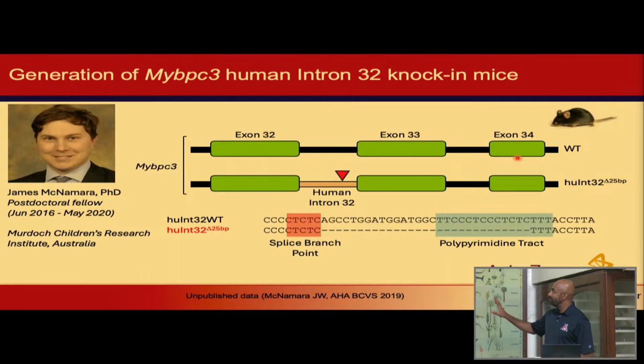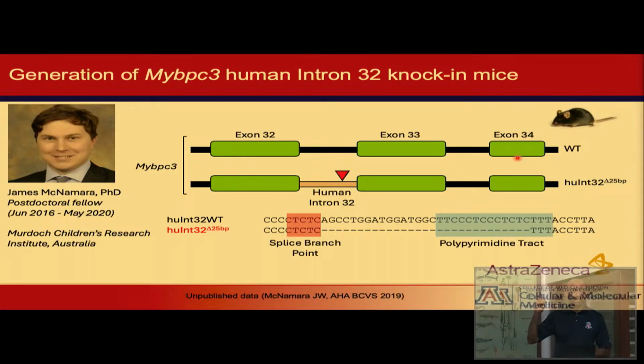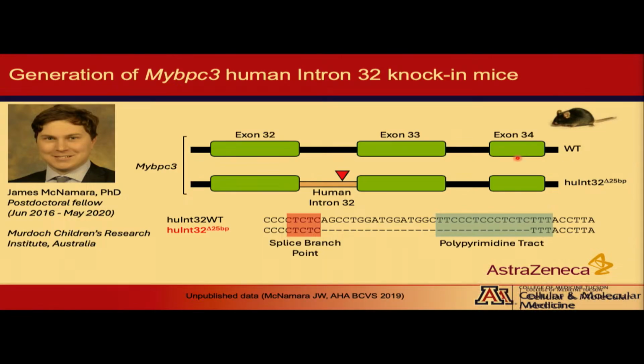So we now have two different models. We created a humanized mouse model in which we removed the mouse intron and put in the human intron with or without the 25 base pair deletion. Then we can really see the splicing, the RNA expression, and also the phenotype.